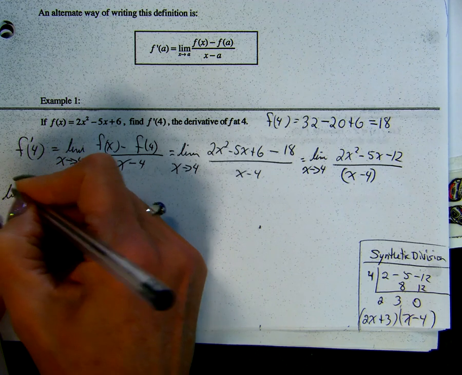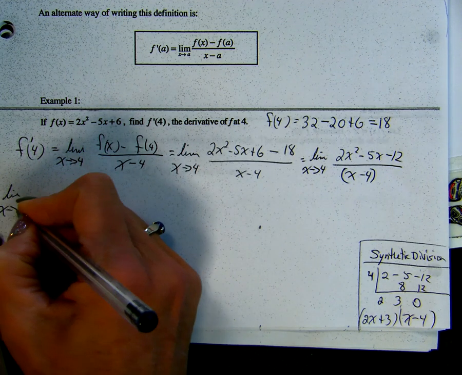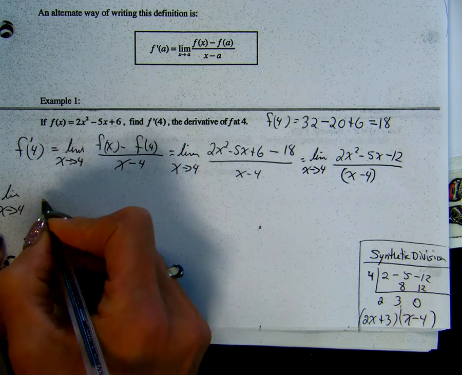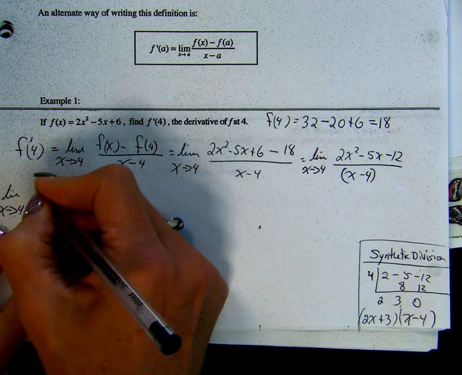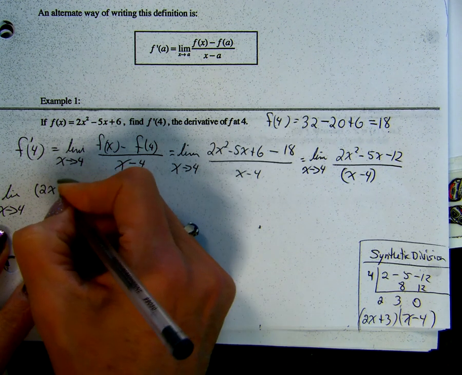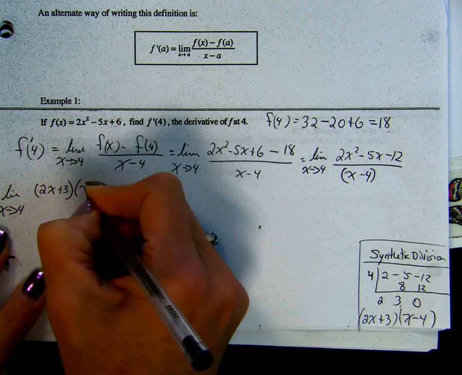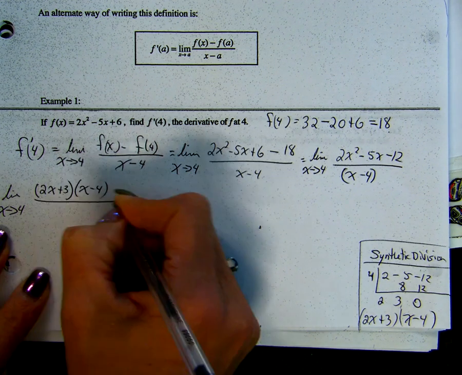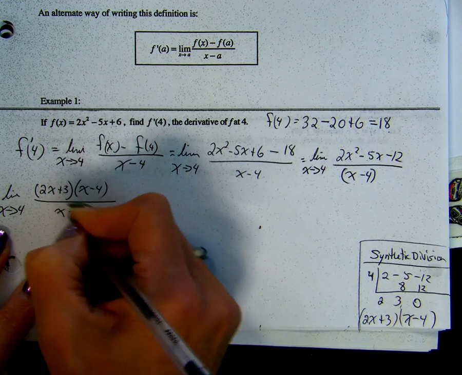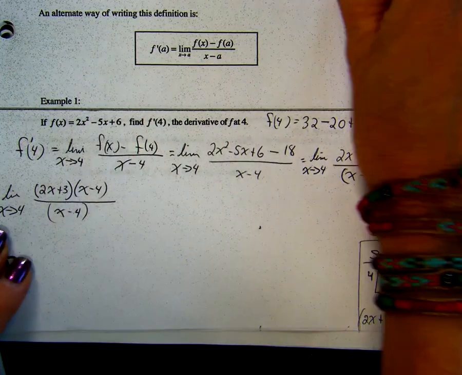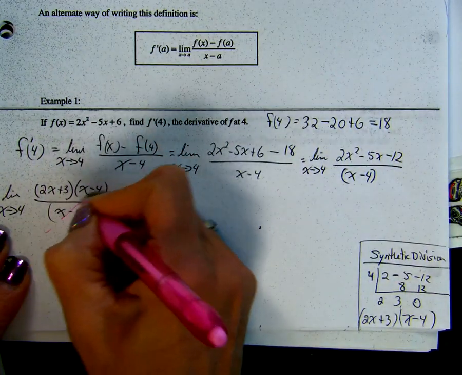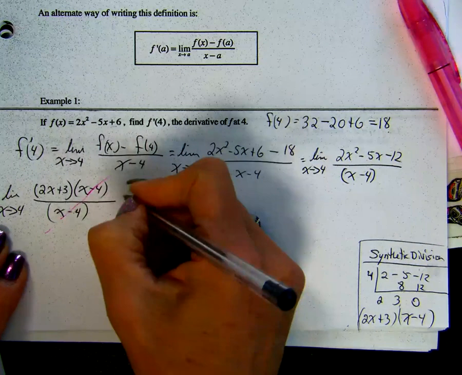So we've got this limit as x approaches 4 of 2x squared minus 5x minus 12, which factors as 2x plus 3 and x minus 4. And common factors cancel, and we get this.